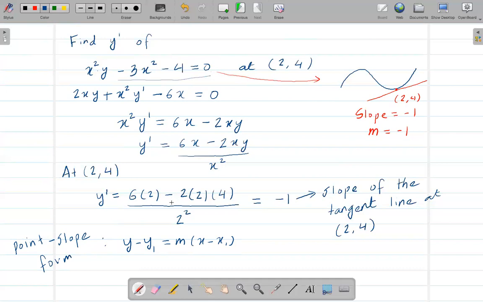Right, so using point slope form, I know these 2 points, so I can name the first one as x1, and the second one as y1, right? So then I can find the equation.